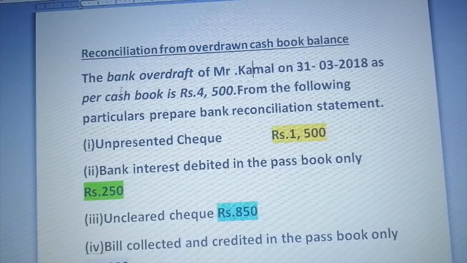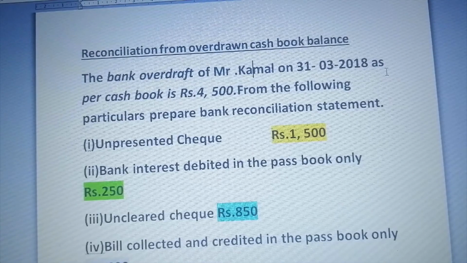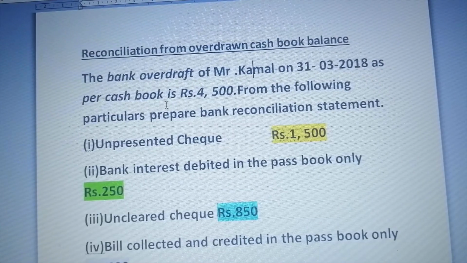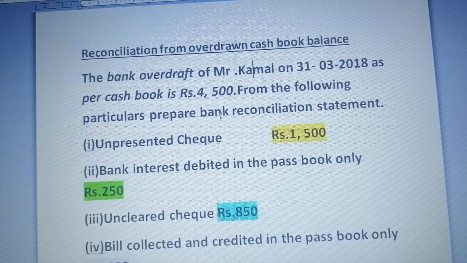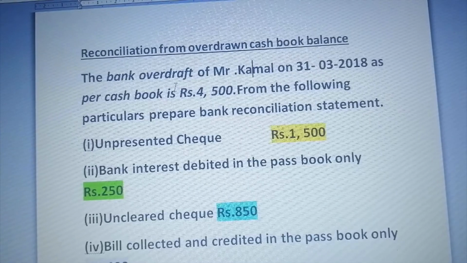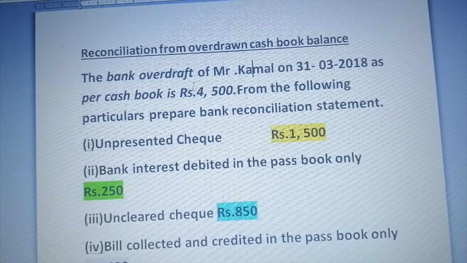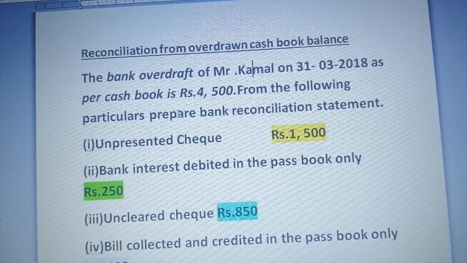The bank overdraft of Mr. Kamal on 31st March 2018 as per cash book is rupees 4,500. From the following particulars, we are required to prepare the bank reconciliation statement. See here, in this question, bank overdraft as per cash book is given. So we need to find out the bank overdraft as per passbook.